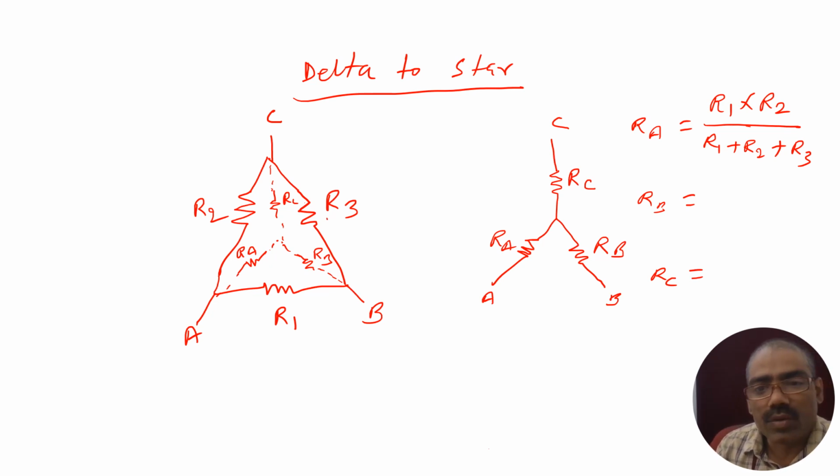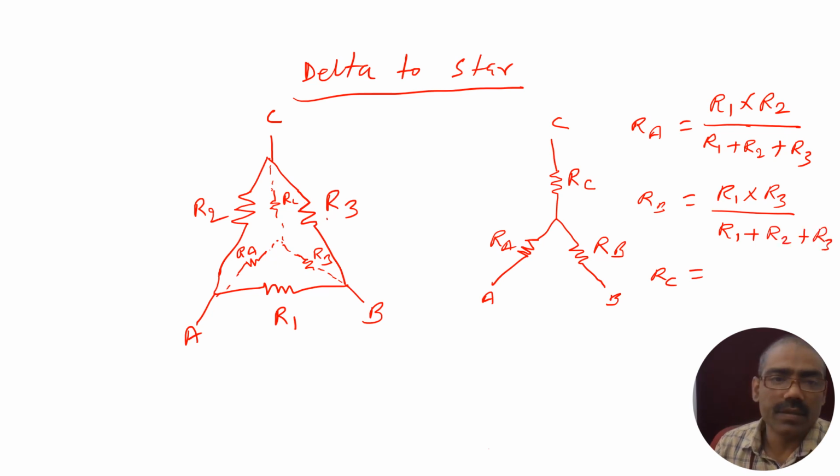Similarly, when you are trying to calculate the value of RB, here R1 multiplied by R3, divided by R1 plus R2 plus R3.